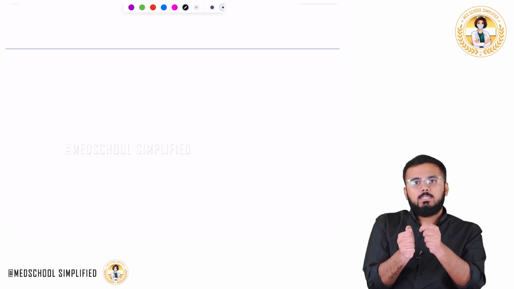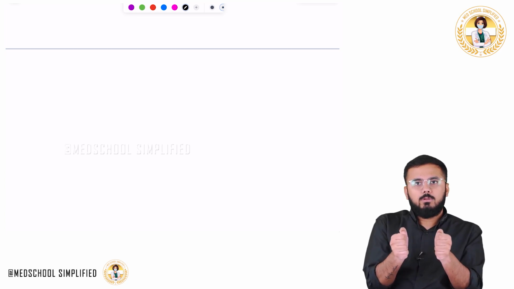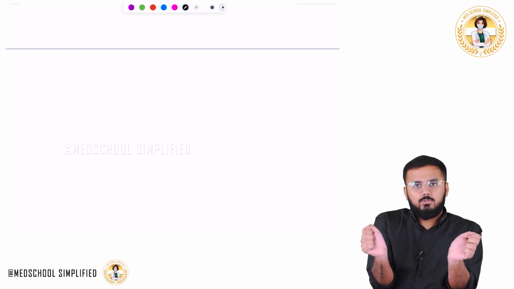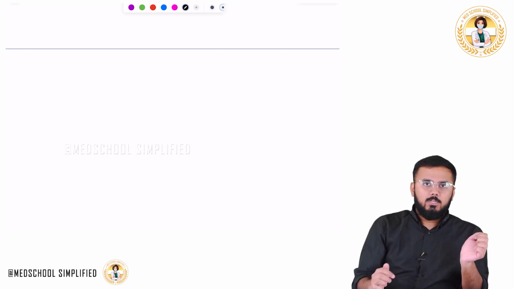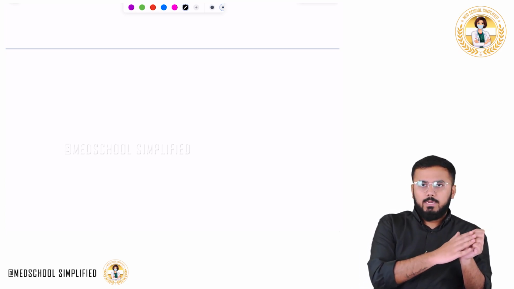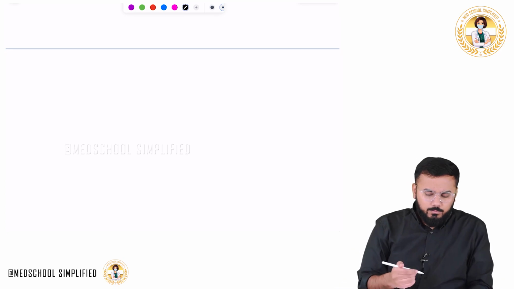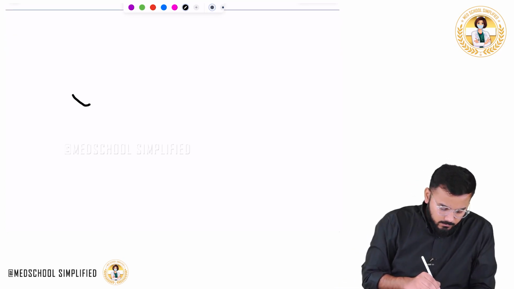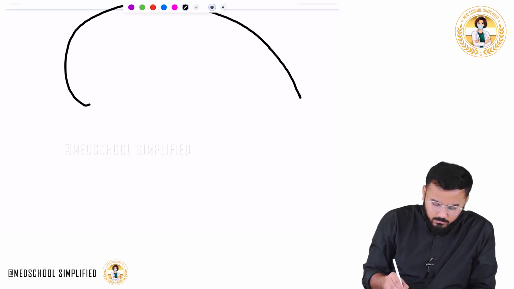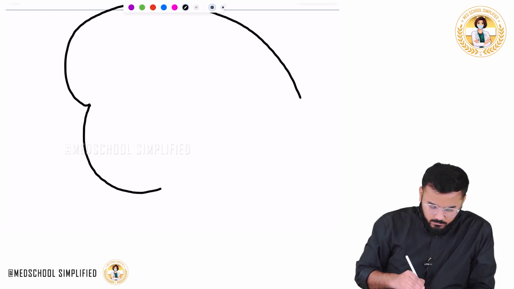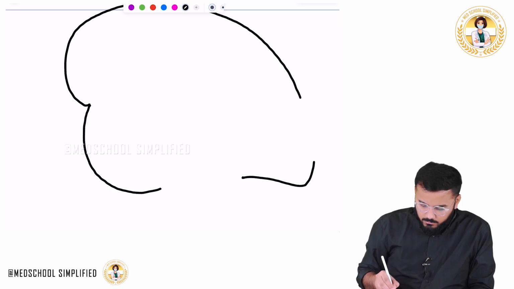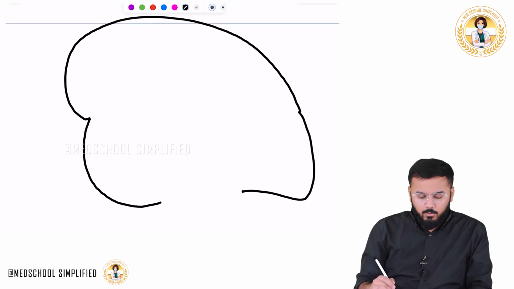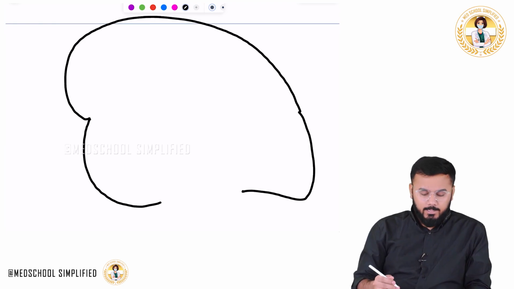To show this medial surface to you, first I have to separate both cerebral hemispheres and then turn them towards you. The picture which I will be drawing is the medial surface, so let me draw it now.